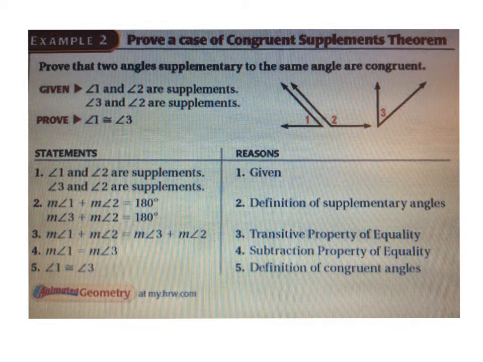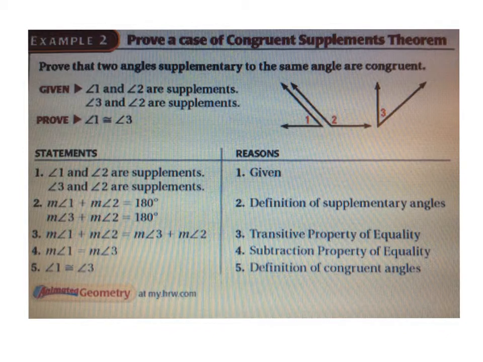Okay, so we've proven that those are both 180 degrees, those two sets of angles. So with the next step, we can come back in with the transitive property of equality and say that measure of angle 1 plus measure of angle 2 equals measure of angle 3 plus measure of angle 2. From there, you're subtracting measure of angle 2 from each side.